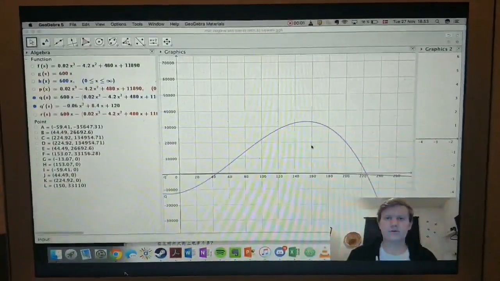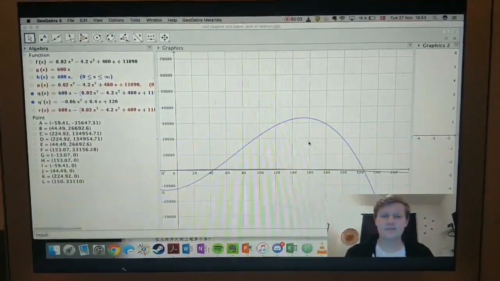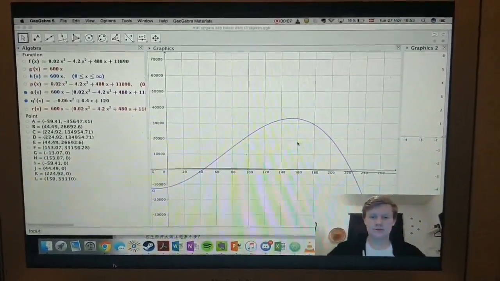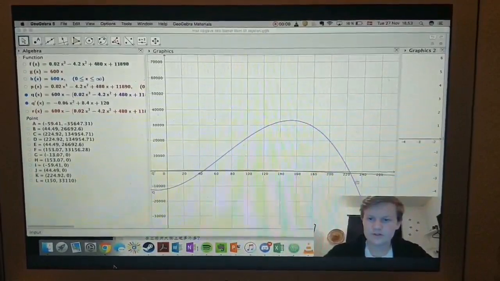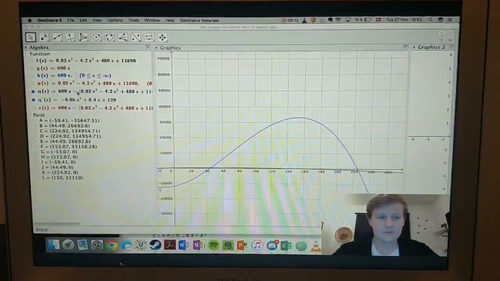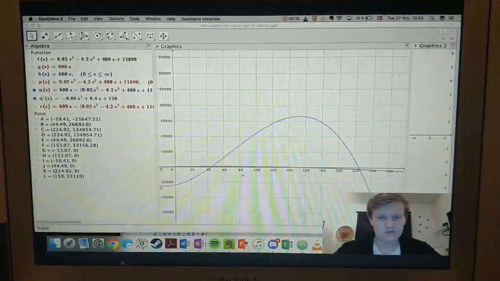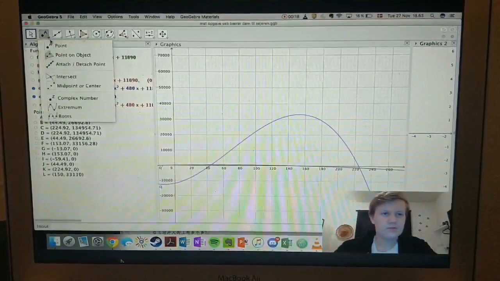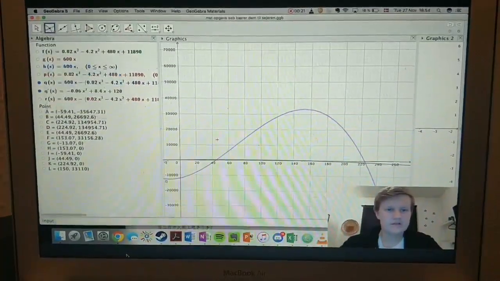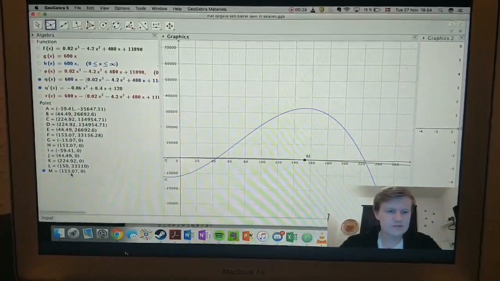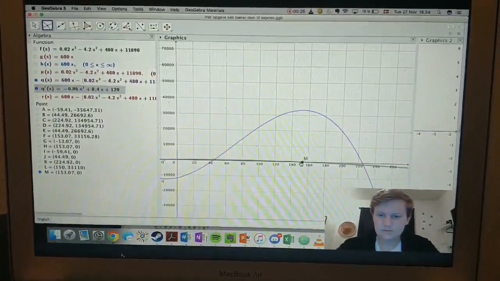So now it's exercise 3 type C, and we have to find the maximum profit. I have the profit function, the purple one here, and you can see there is a gray one here that is the profit function differentiated, so the derivative of the profit function. To find it, we have to take an intersect point between these two here.